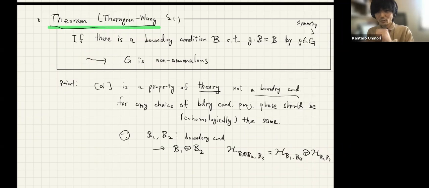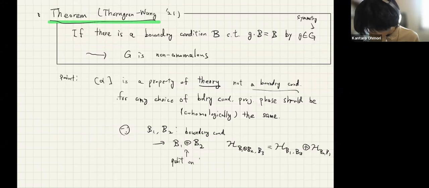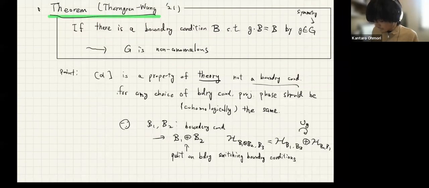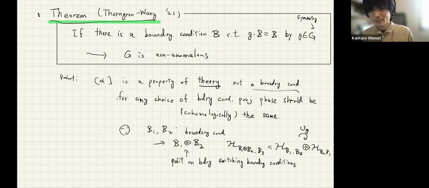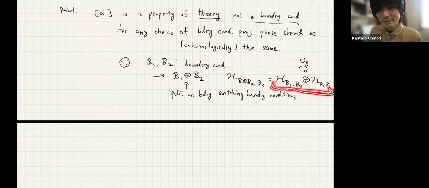It's like you have a qubit on the boundary switching the boundary conditions. Then U_g acts on this direct sum in a nice way as a projective representation, so the projective phase has to be uniform on this direct sum space.